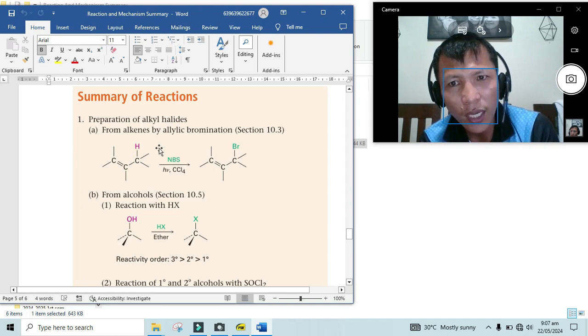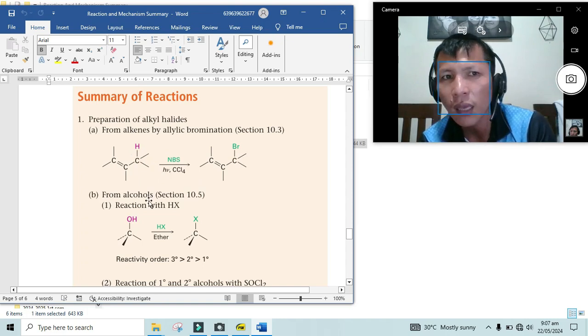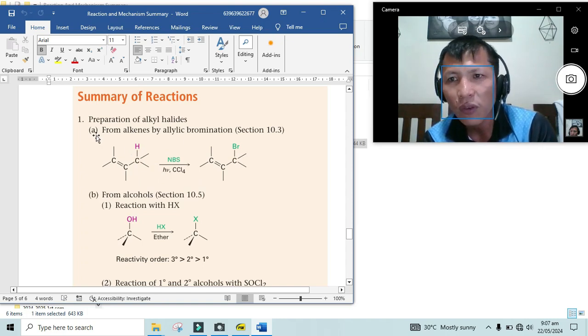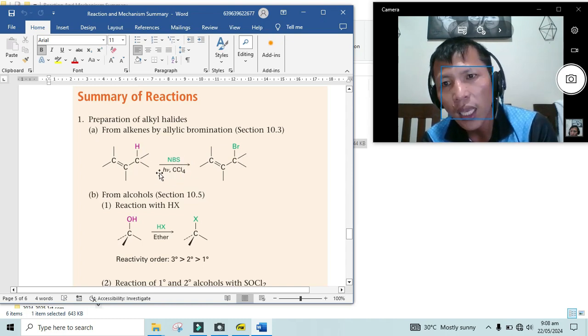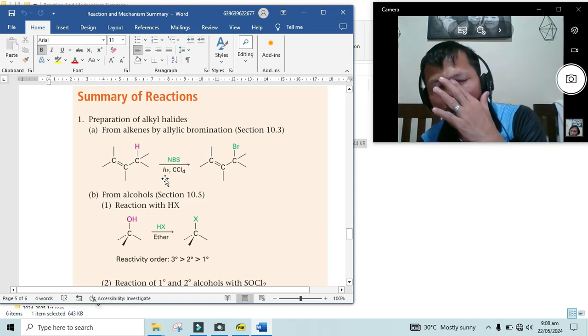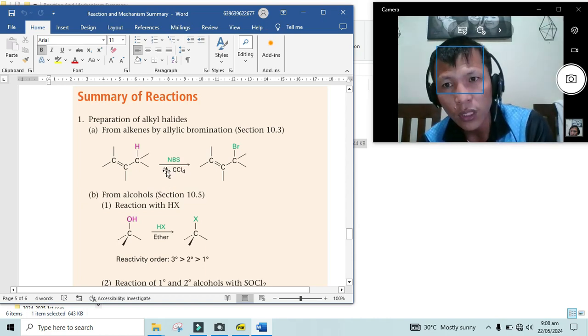So this hydrogen will be replaced by bromine if you react it with NBS. So in the chemical reaction, it fits letter A, where the conditions are NBS, and then HV, which is I think light. That is your HV, Planck's constant and frequency. So there must be a discussion about light, and then you have carbon tetrachloride.